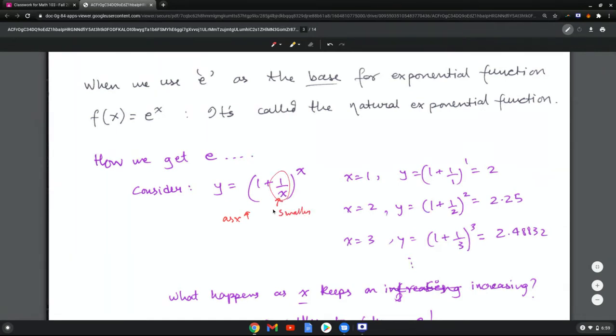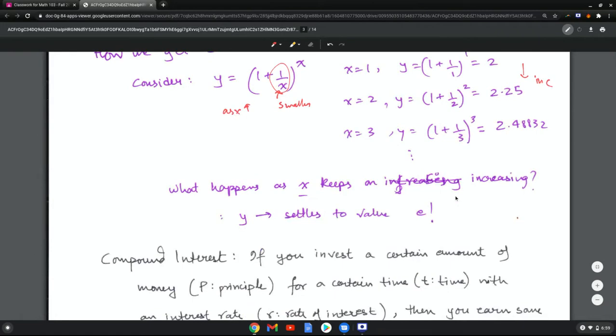So you're adding a very small number to 1, and then you're raising it to that large exponent. What happens to that? If you plug in some values and play around with the calculator, you will notice the values are increasing, but the rate at which they increase becomes less and less. So as x keeps on increasing, it settles down to a value, and this value is defined to be e.